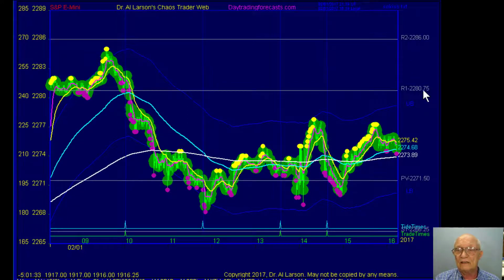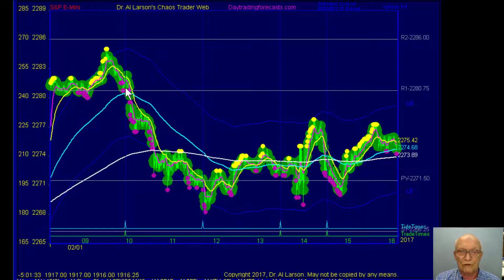Now on this chart are the pivot prices, which used to be the day trading pit. I compute my numbers using 24-hour data. This R1 was a pretty high area to be in early in the day. We tried to run up to R2 and didn't make it.